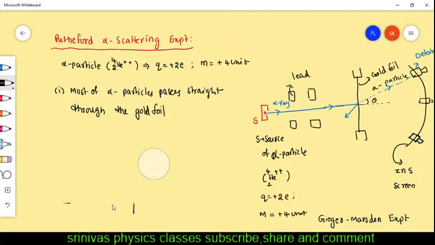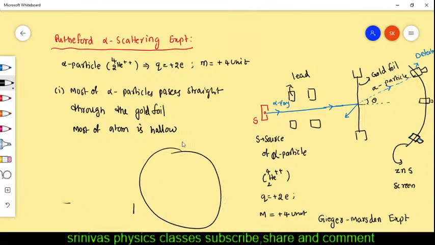By that they concluded that most of the atom is hollow, which means empty. For example, take this as a gold atom. The gold foil has gold atoms. The nucleus is of very small size and positively charged. If an alpha particle goes like this, it can travel straight.